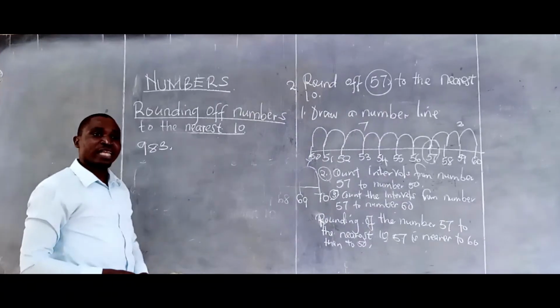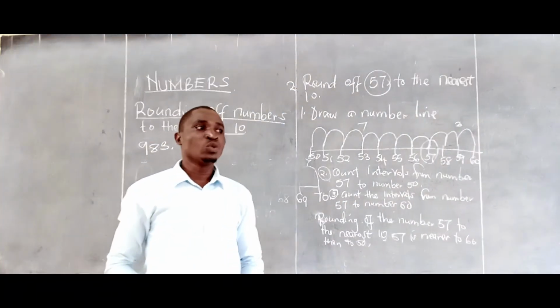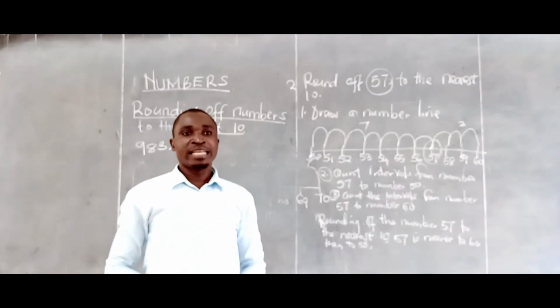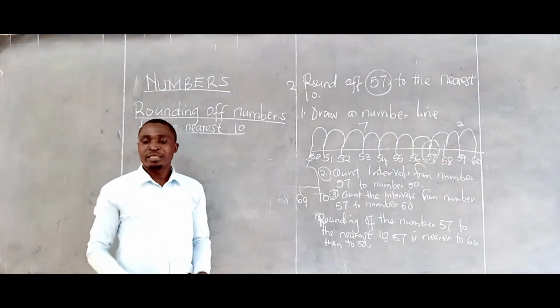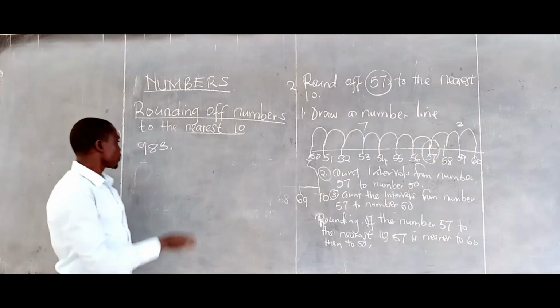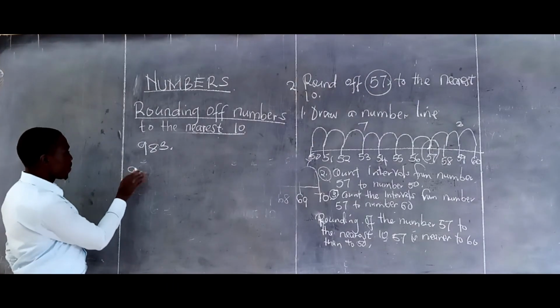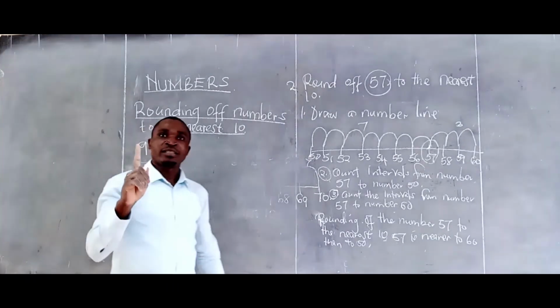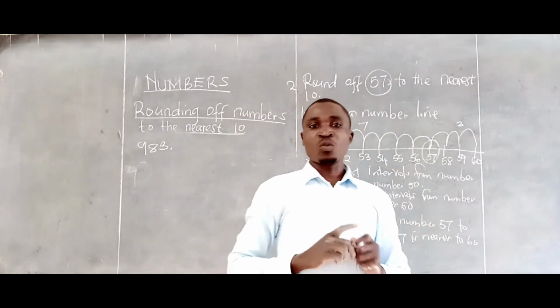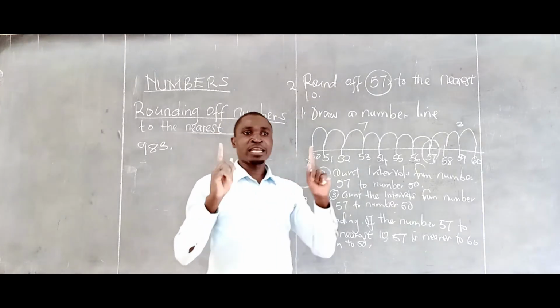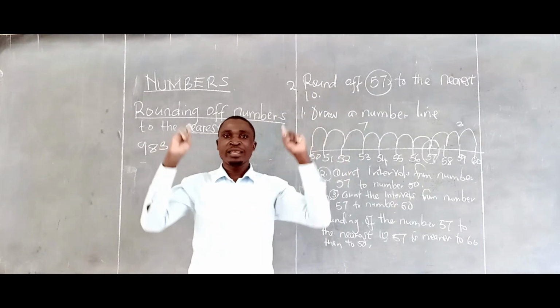We want to round off 983 to the nearest tens. Again, step number 1 in our first group activity was start with a number line.